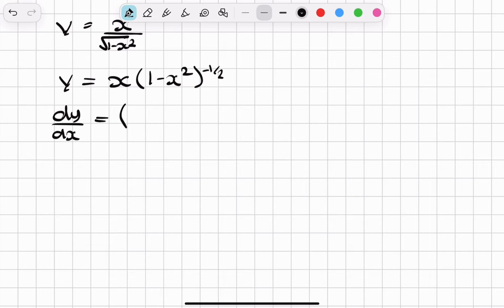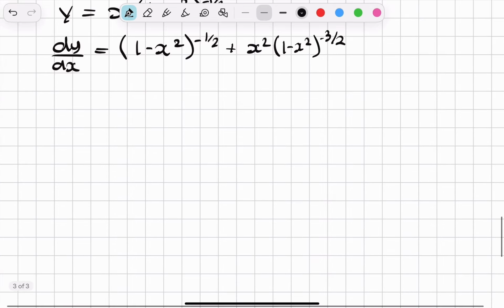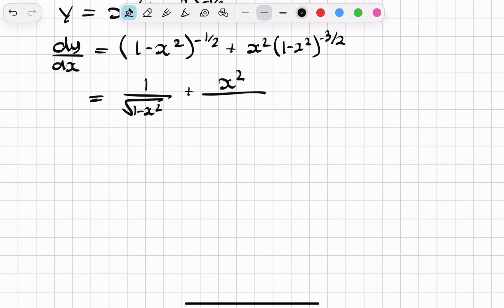So this differentiates to 1 minus x squared to the minus half plus x squared, 1 minus x squared to the minus 3 over 2. Well, we can write this as 1 all over root 1 minus x squared plus x squared over root 1 minus x squared cubed.